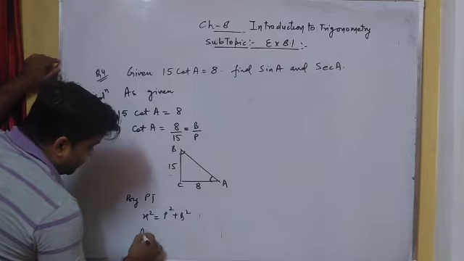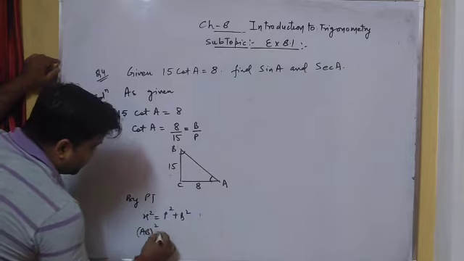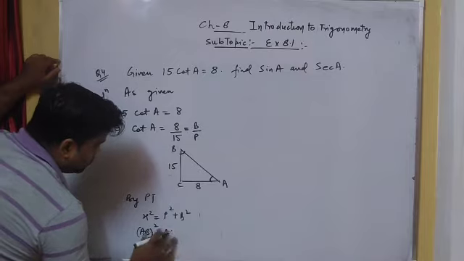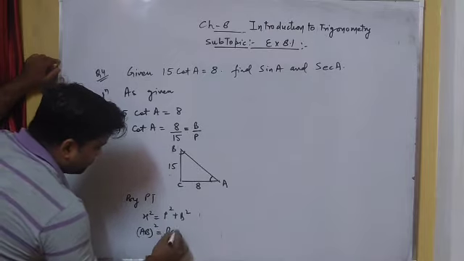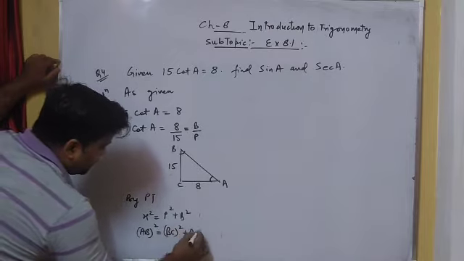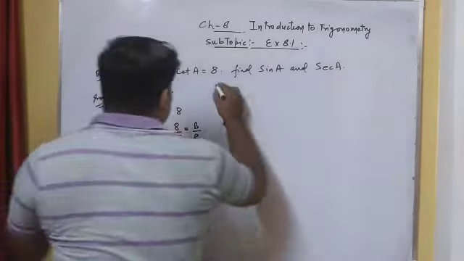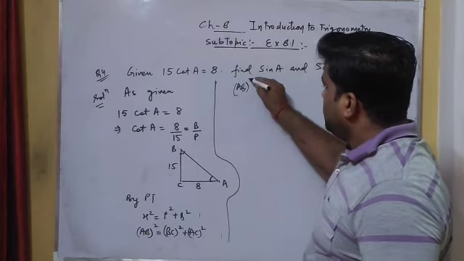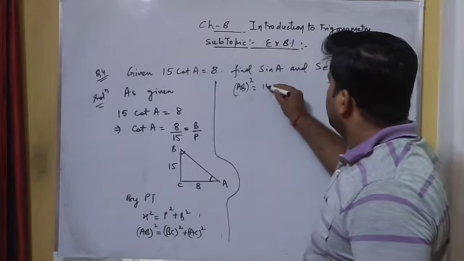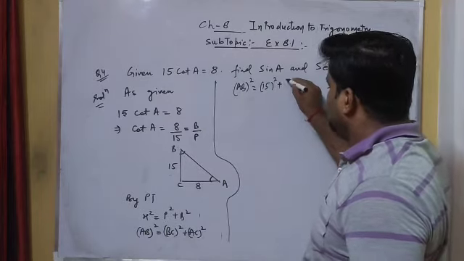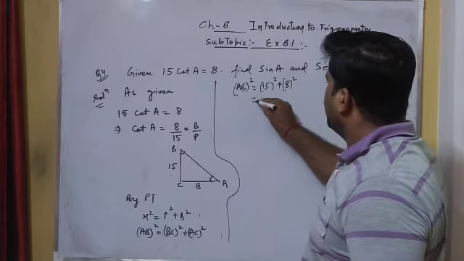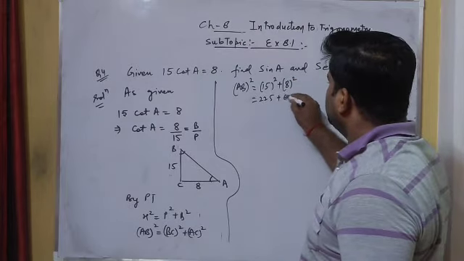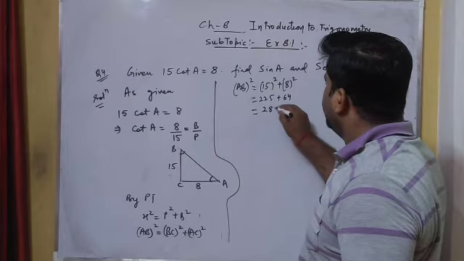So here we get AB square is equal to BC square plus AC square. On solving this we get AB square equal to 15 whole square plus 8 whole square. We get 225 plus 64, which is 289.